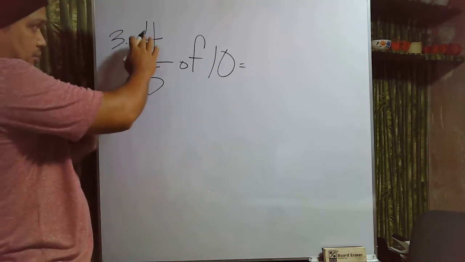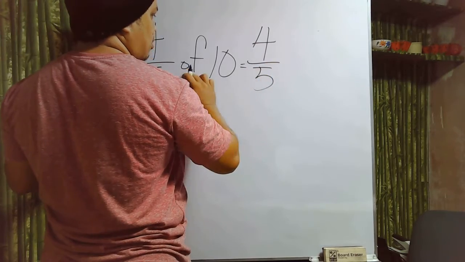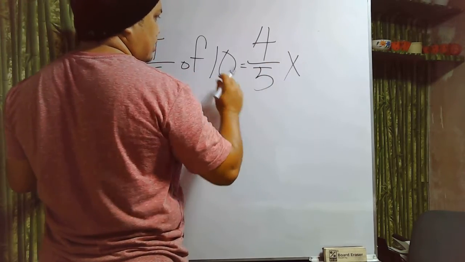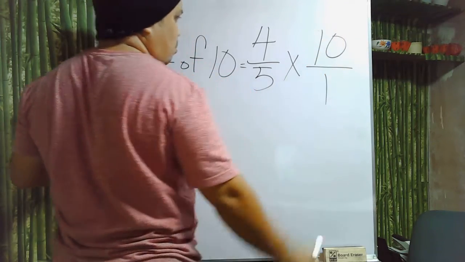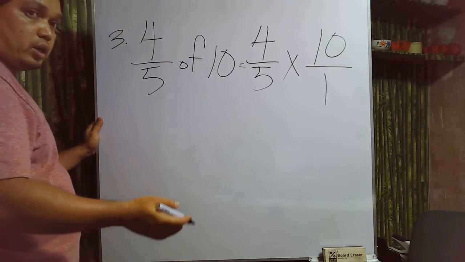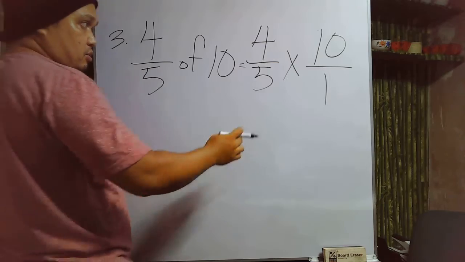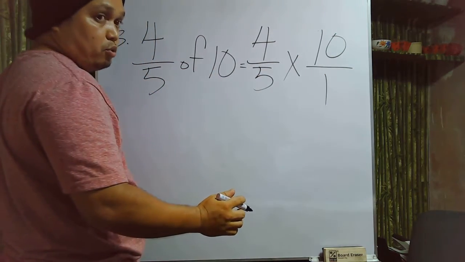Let's copy 4/5, "of" here will become multiplied, and the fraction form of 10 is 10/1. We can still use the cancellation method to answer it quickly. You can cancel crosswise by dividing both by 5.